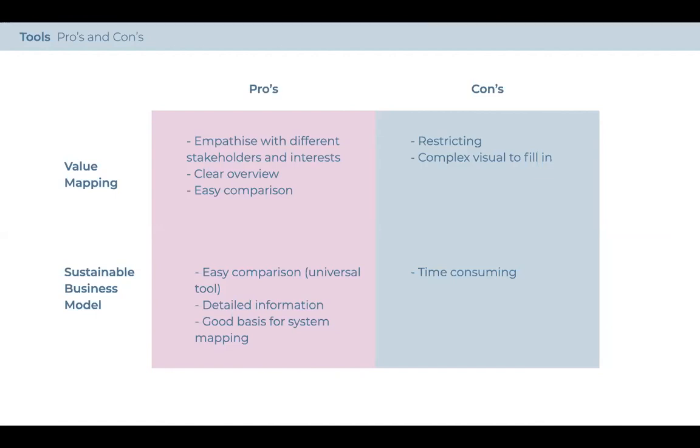Here it's really nice to see that. We also have a clear overview, and it's really easy to compare different maps. But we also saw some restrictions: the visual to fill in is a little bit complex. But it gives us detailed information, and it's a really good basis for system mapping, although it's a little bit time consuming.